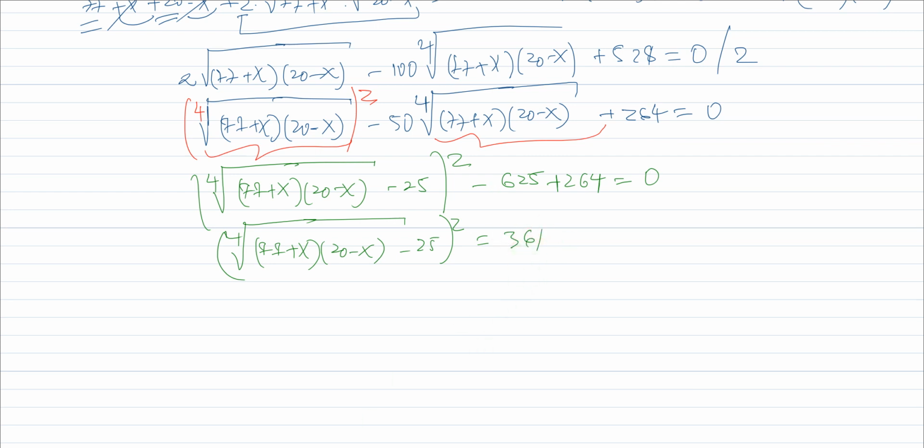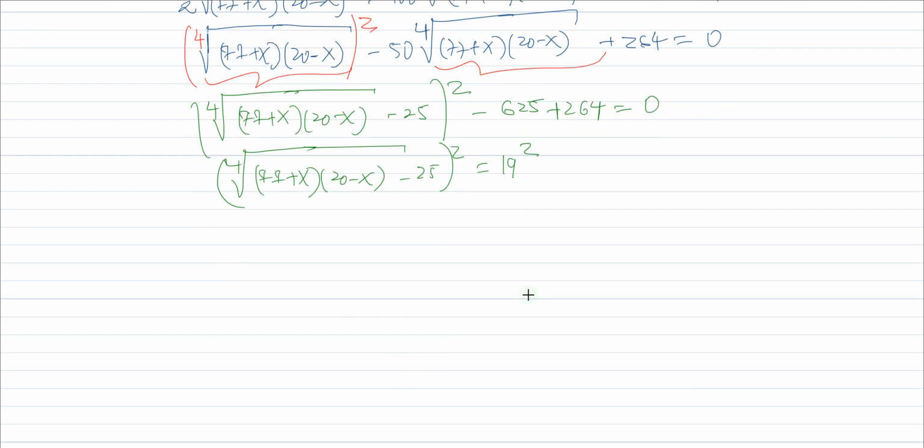But 361, guys, is 19 to the power of 2. So I'm going to say this is 19 squared, the same thing. So taking the square root on both sides of the equation, we would have the fourth root of (77 + x)(20 − x) minus 25, equal to plus or minus 19.